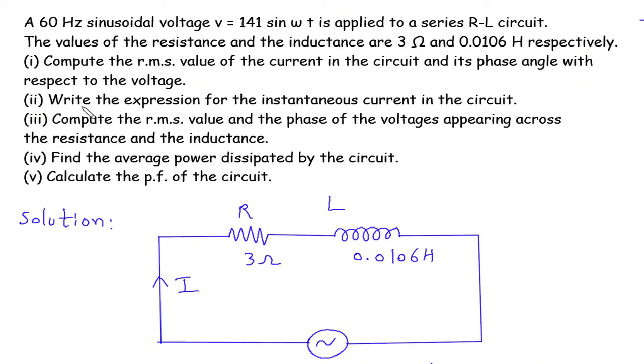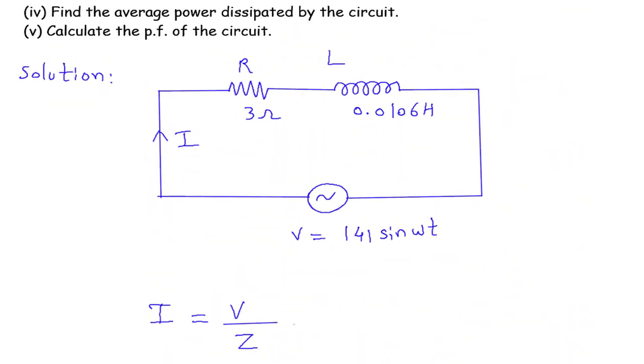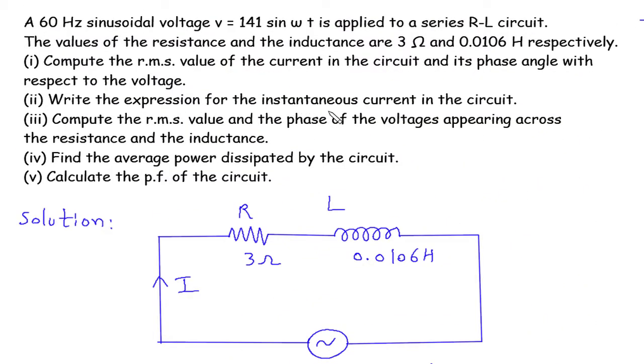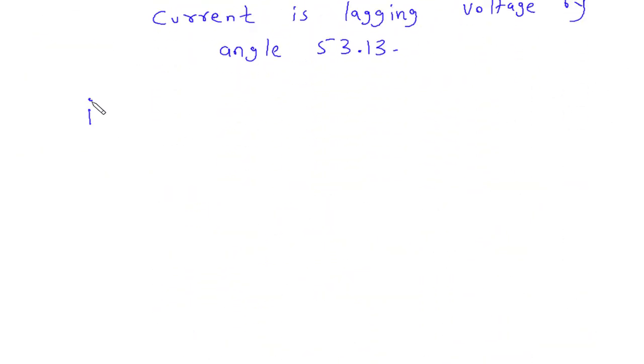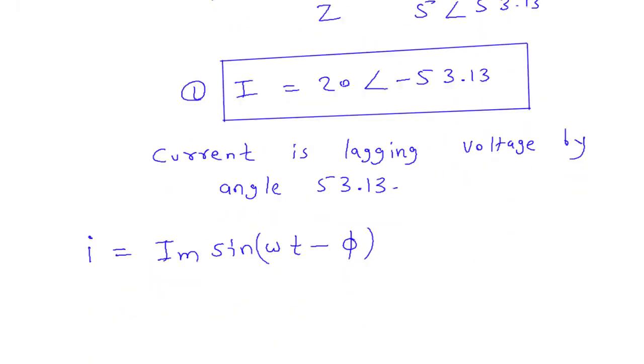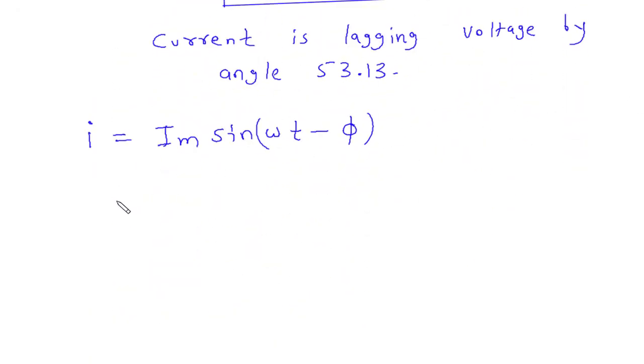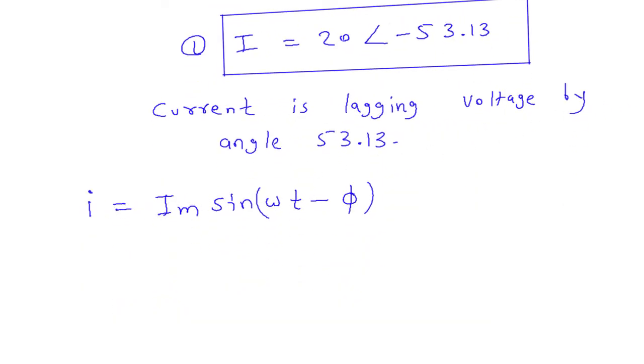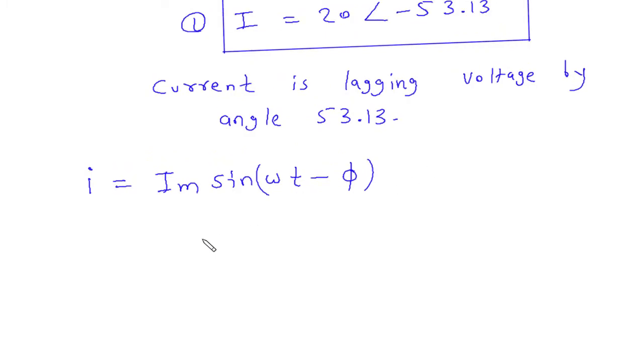Next we have to write the expression for the instantaneous current in the circuit. So this was number 1. Then second, we have to write the equation for the instantaneous current in the circuit. So we know I is equal to Im sin omega t minus phi, because this is an inductive circuit. Now we have the value of current I, so from this we can find the value of Im.